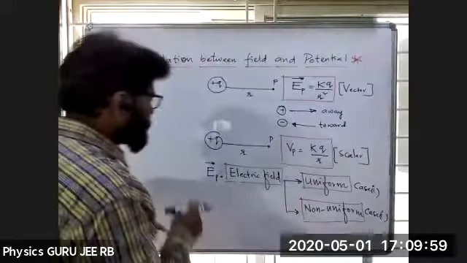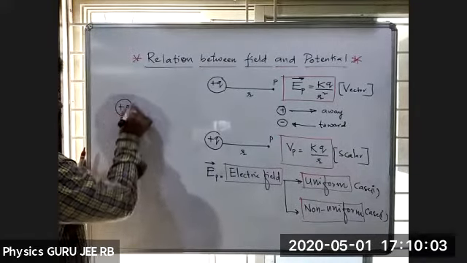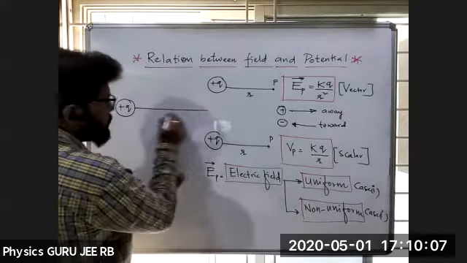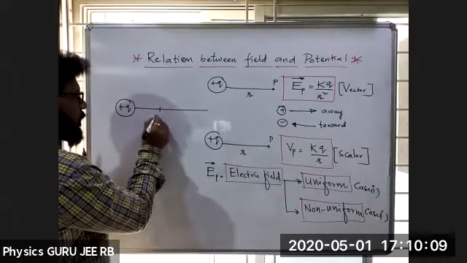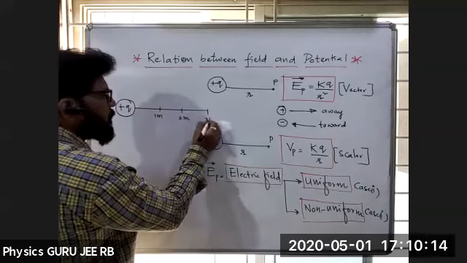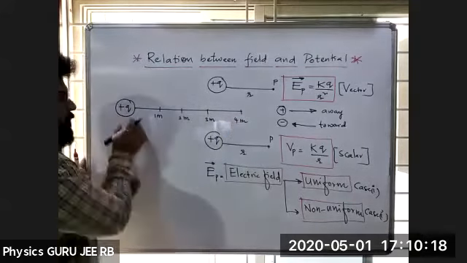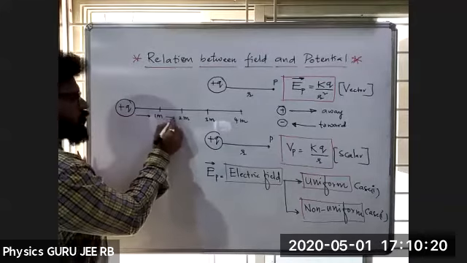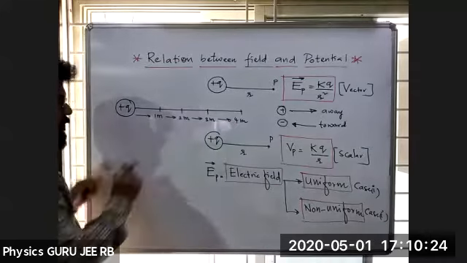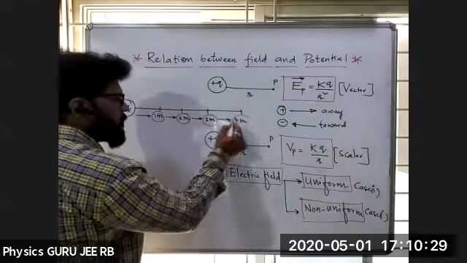See, if I take here plus q charge, right, plus q charge, I'm taking here 1 meter, 2 meters, 3 meters, 4 meters, right? So charge is there, 1 meter distance, 2 meters distance, 3 meters distance, and 4 meters distance.